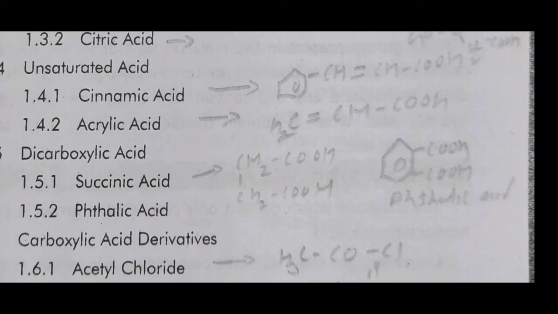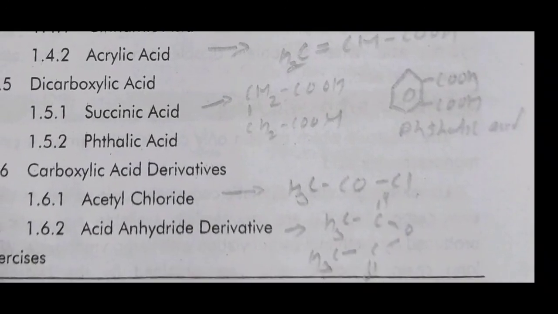The structure of succinic acid is CH2COOH, CH2 group attached to another CH2COOH, so two COOH groups are present. The structure of phthalic acid is a benzene ring containing two COOH groups. Therefore succinic acid and phthalic acid, containing two COOH groups, are examples of dicarboxylic acids.